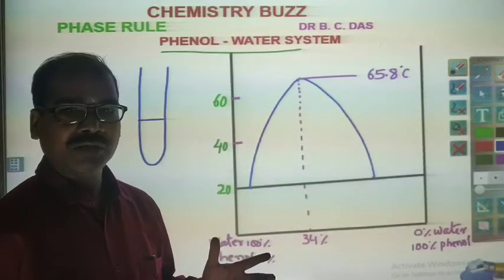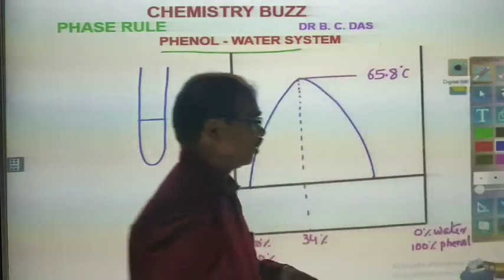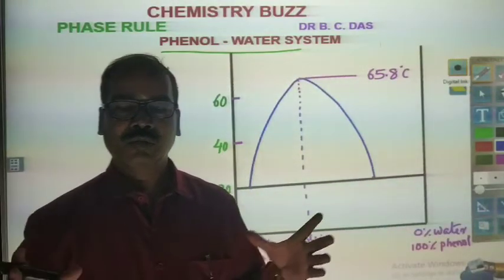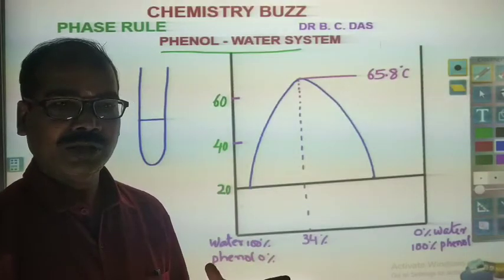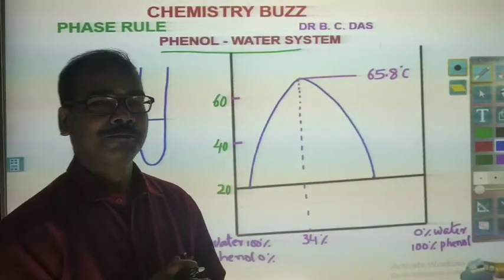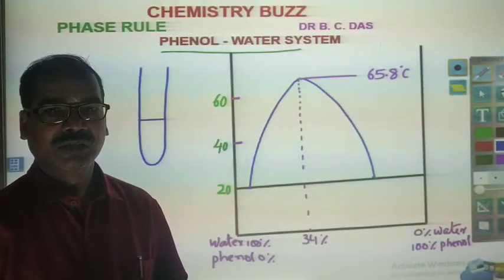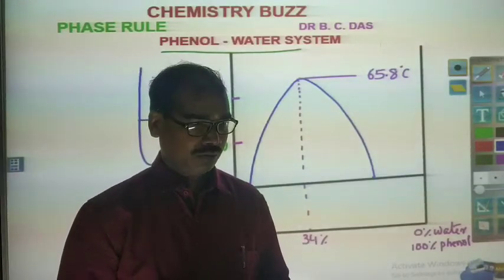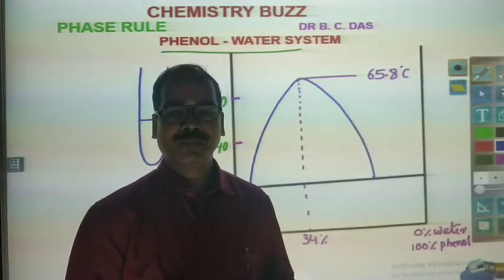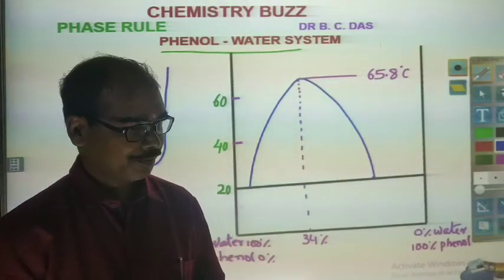By and large we can see two layers will be formed if the miscibility proportion increases. In the last video I have discussed the water chloroform acetic acid system.